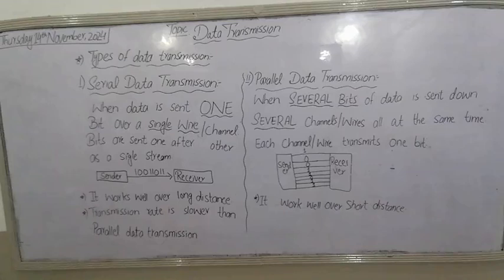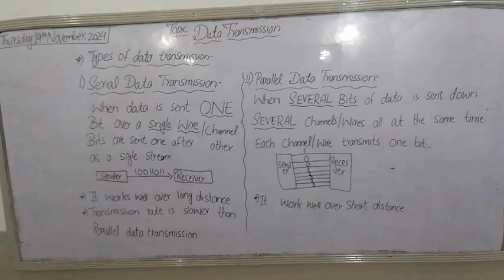The circuits inside our computer or laptop use parallel data transmission because the distance is very short, a maximum of centimeters, right? High speed of transmission is required, because nowadays we prefer machines which are faster in speed. That is why parallel data transmission is used inside the internal circuits of our computer systems.